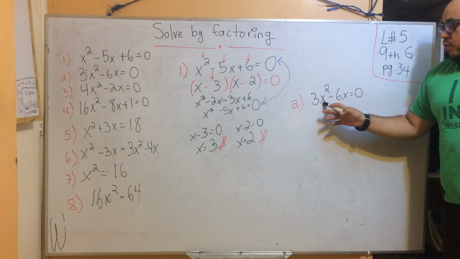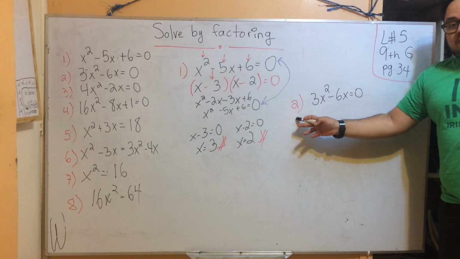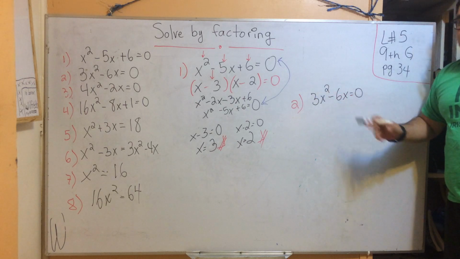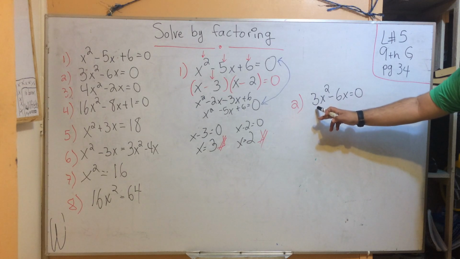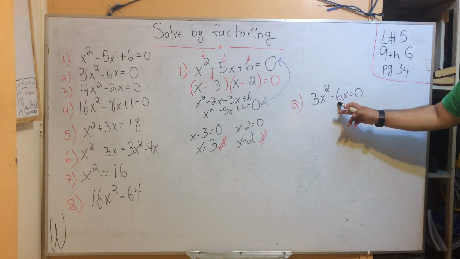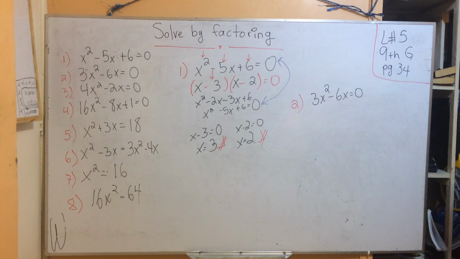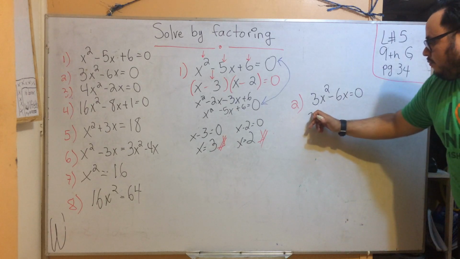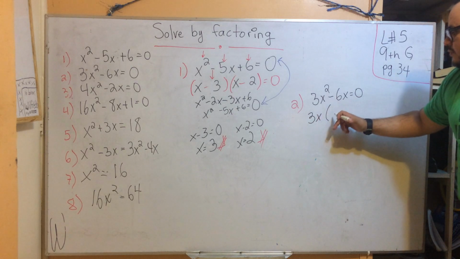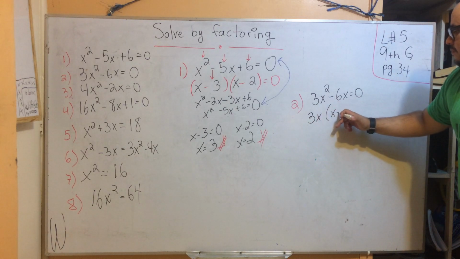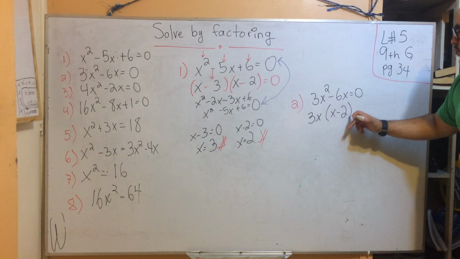So we want to take the x outside so that we have an x with a term inside. The 3 we can take out too, so that we can have numbers inside. For example, I can take out 3x and have x minus 2.